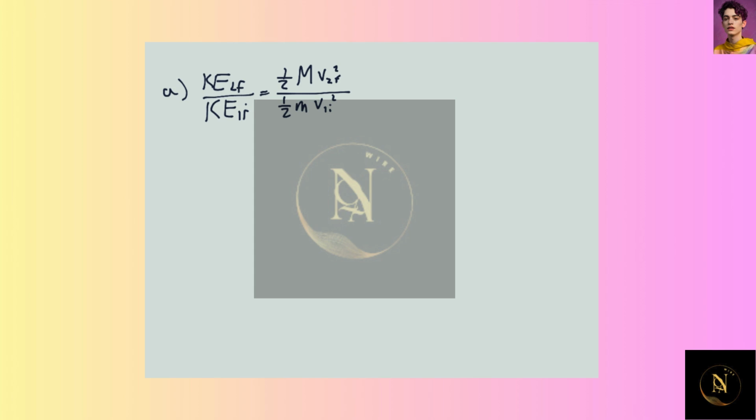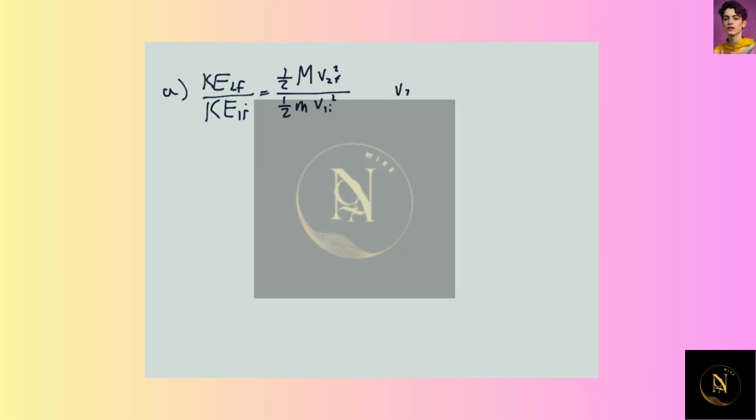Now we don't know what the final velocity of the atom is going to be, but what we do know is the relationship between the atom and the neutron, based on the fact that the atom is not moving when they collide.